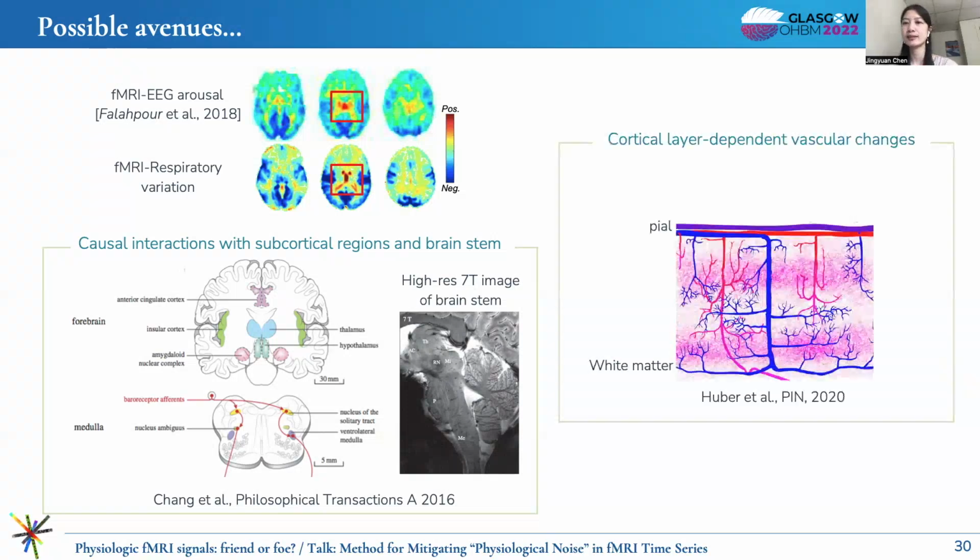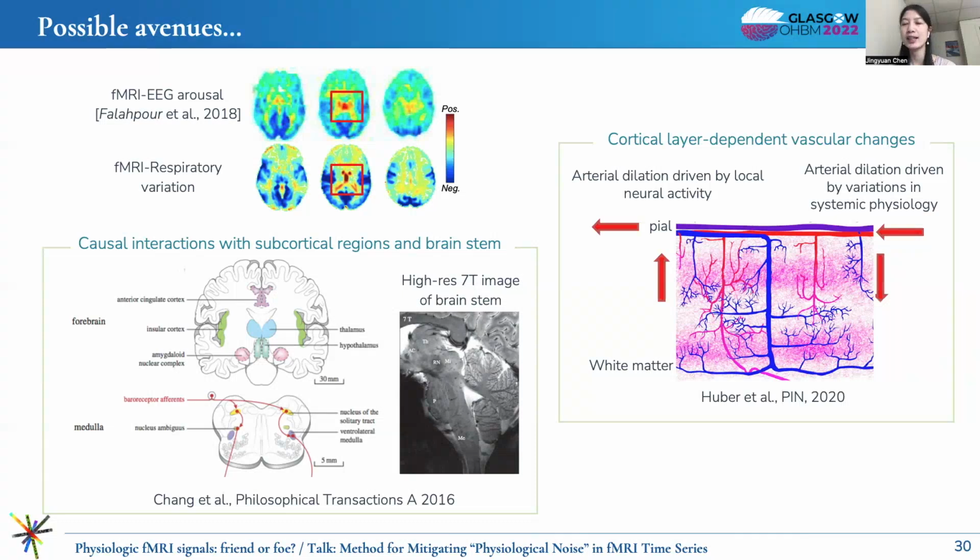And second, cortical layer analysis enabled by recent advances in high spatial resolution fMRI may also shed some new insights into this puzzle. It has been established that for neurogenic responses, this neural activity occurs in the parenchymal regions and then propagates downstream to the pial surface, while for changes in fMRI dynamics incurred by systemic physiology, the temporal order is reversed.